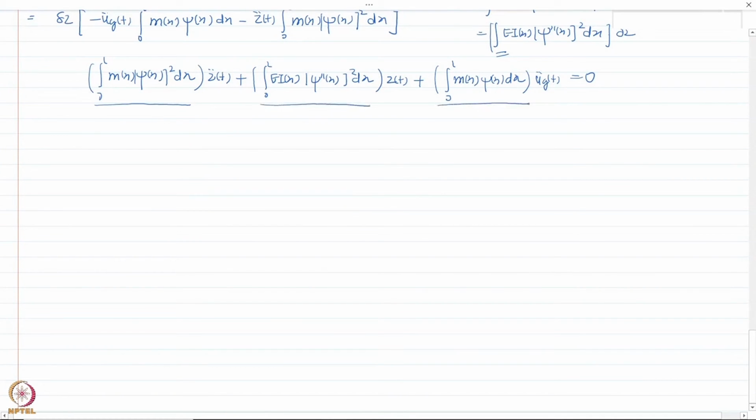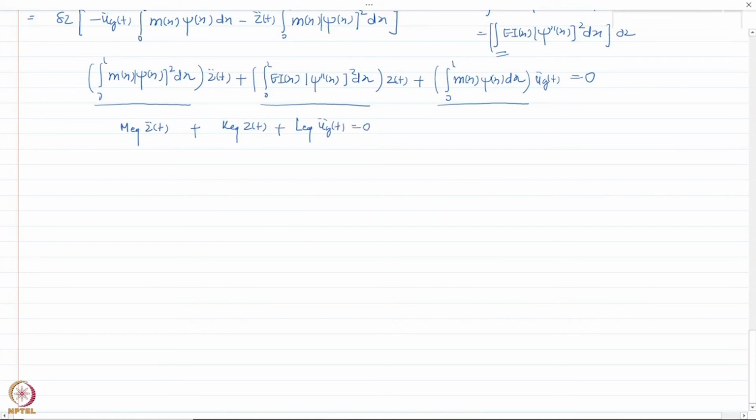These terms only depend on the parameter x or the location, and are not a function of time. So if I consider this expression, let me write this as m equivalent times z double dot (t) plus another constant parameter, k equivalent times z(t), plus L equivalent times u_g double dot (t).